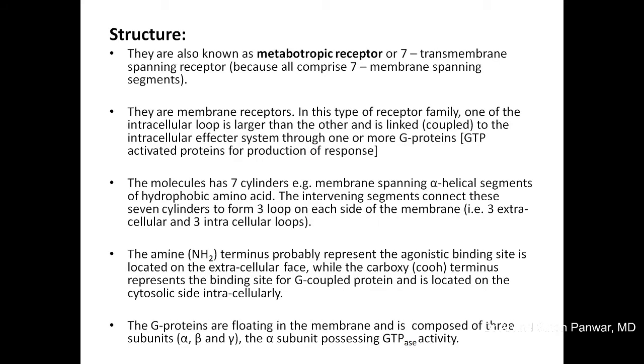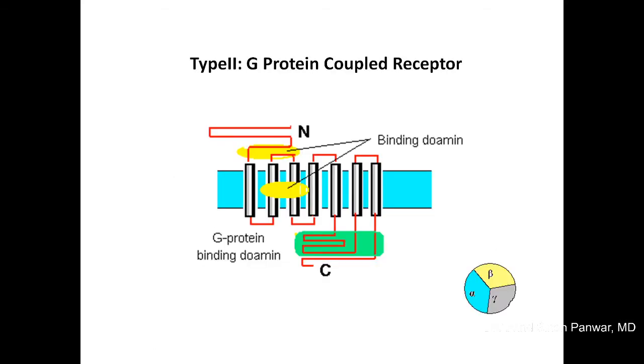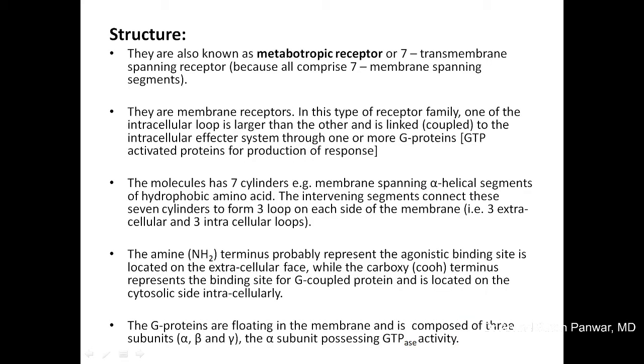Activation of the effector is terminated when the bound GTP molecule is hydrolyzed, which allows the alpha subunit to recombine with the other two subunits, beta and gamma. There are several types of G proteins which control different effectors by interacting with different receptors.